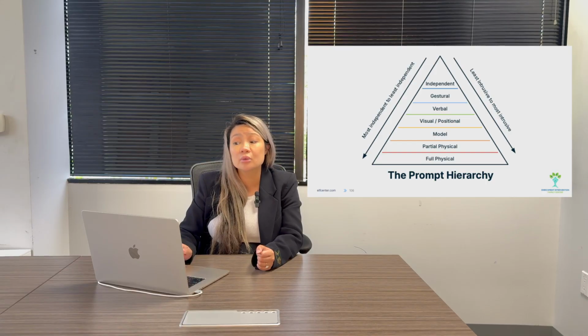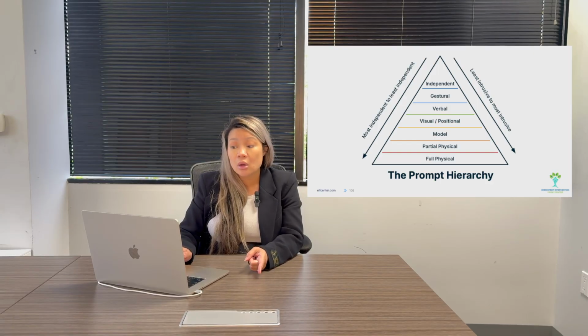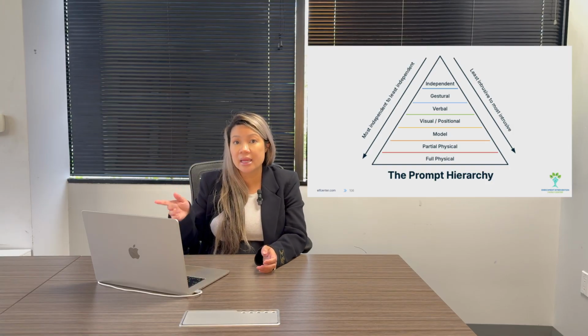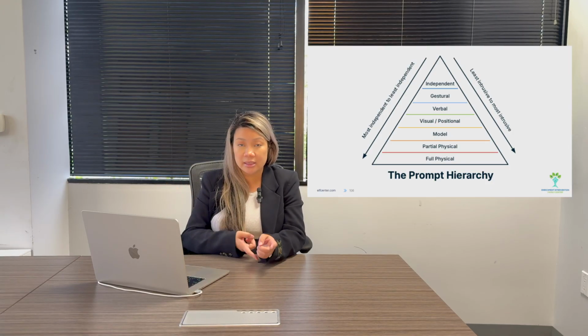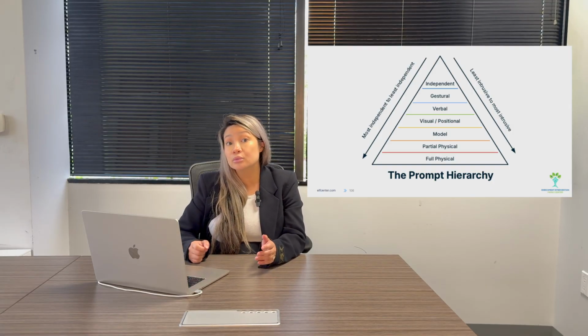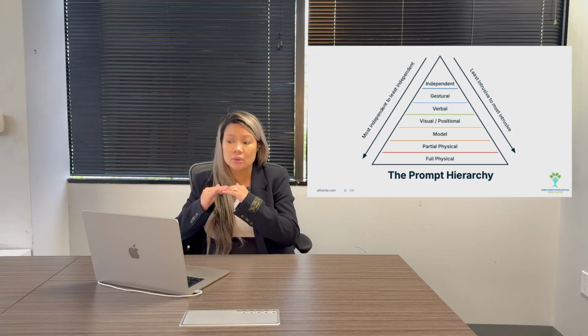If the learner does not respond, you go ahead and represent the SD, followed by the next intrusive prompt, which is gestural. So an example of this would be, let's say this is the learner's hand and this is my hand. You might gesture and say, do this. If the learner is able to do that, then in the prompt hierarchy, you'll end your trial.